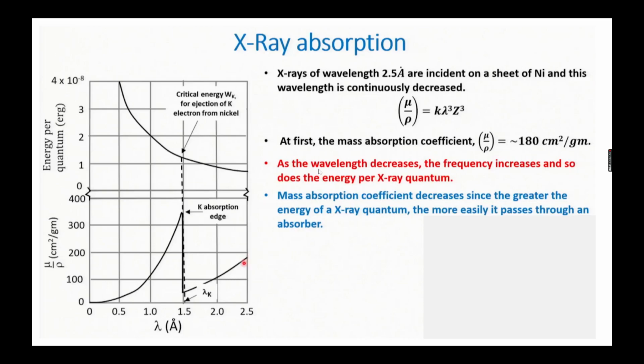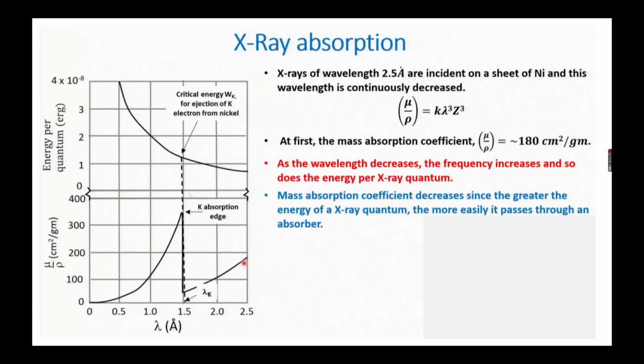Here you can see the plot of the mass absorption coefficient mu by rho with respect to lambda. When you increase the value of lambda, from 0 towards 1.5, the mass absorption coefficient also goes up in this manner, but at a certain point it drops, and this is your K absorption edge.